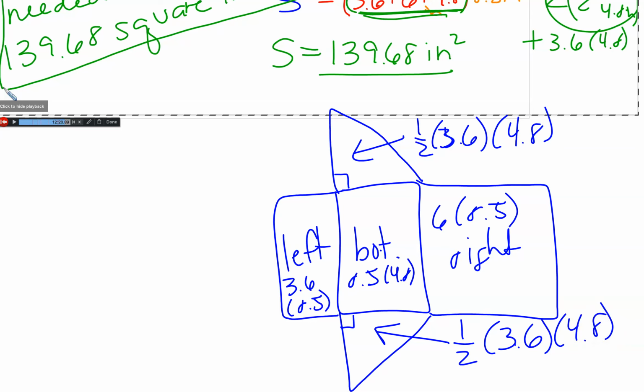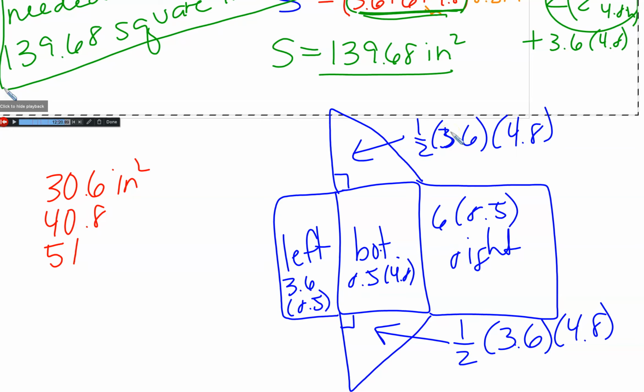So starting with the rectangles and looking at this left rectangle, 3.6 times 8.5 would give us 30.6, and that would be square inches. All of these would be in square inches. The bottom rectangle, 8.5 times 4.8 would give us 40.8 square inches. The right rectangle would give us 51 square inches.